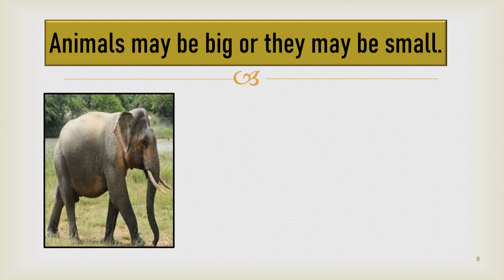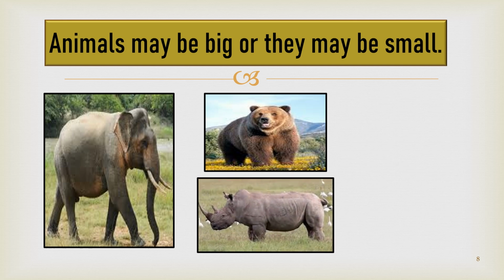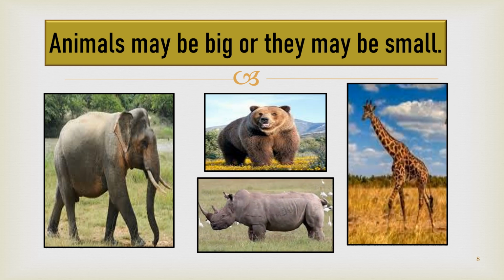Children, have you ever noticed that not all the animals around us are of the same size? Let us first see a few examples of big animals. You can see an elephant, a bear, a rhinoceros, and a giraffe here. They all are big animals.